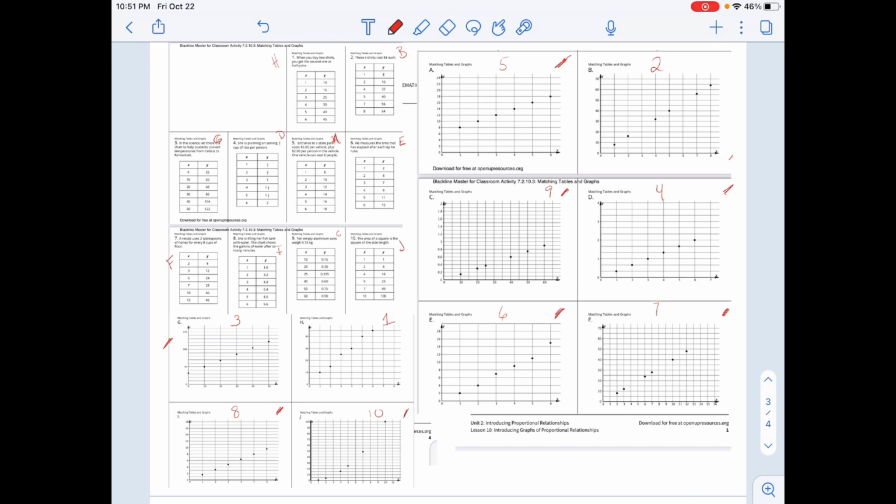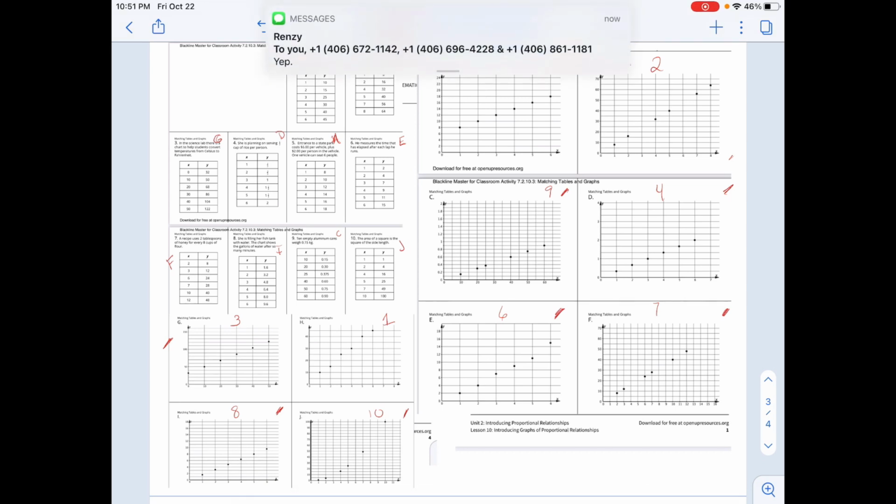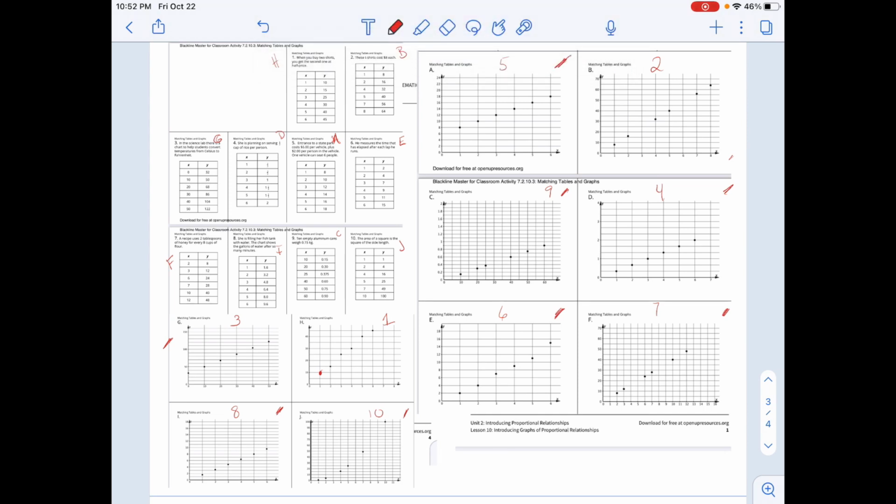So for X is 1, Y is 10. Well, if I come down here to H, I see that this point right here is 1, X is 1, Y is 10. Go to the next point, that's 2 and 15. And 2 is 15. So you're just looking at how the points plot.